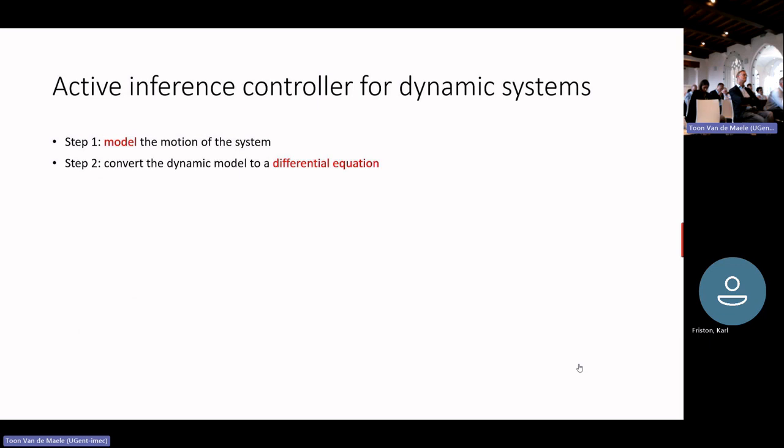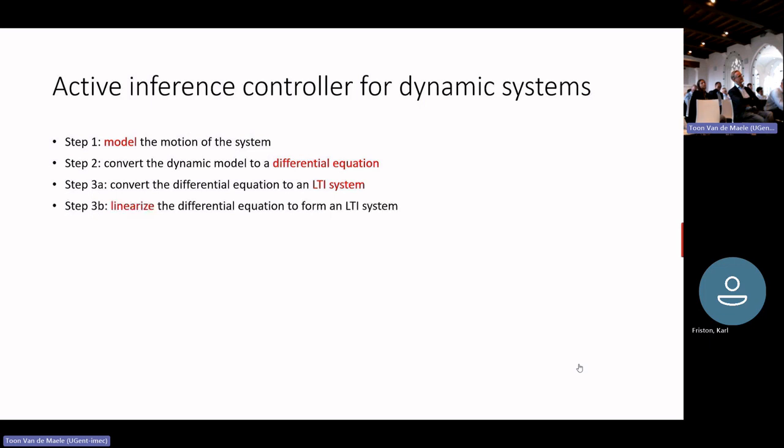Okay, recapping the steps: first, model the motions of the system, which is basically to resolve and find out the free body diagram and all that. Convert the dynamic model into a differential equation, and then convert the differential equation either into an LTI system or linearize the whole thing to get an LTI system.